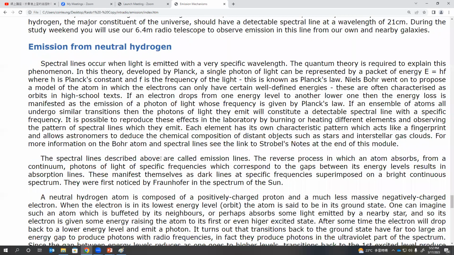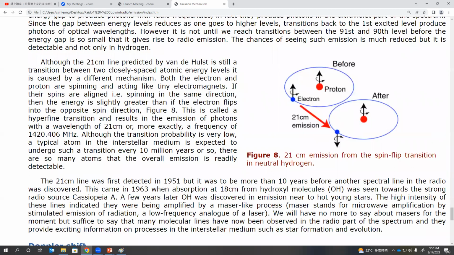This type of spectral emission is originally a rare event related to neutral hydrogen. From the quantum point of view, this hydrogen has one electron and one proton, and they have a spin, so-called in quantum mechanics a quantum state, spin up or spin down.